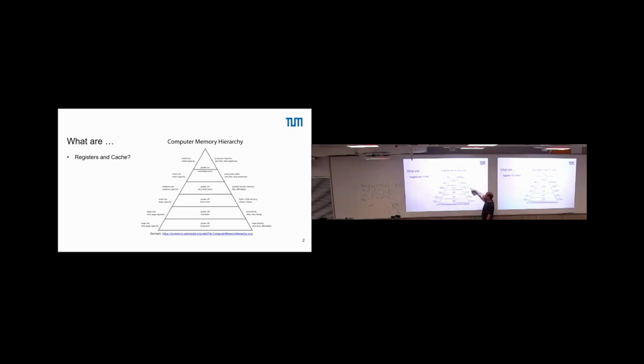Then further away we have DRAM. If we go down, something like USB sticks, you have some form of flash. Further away nowadays you have SSDs, which are also a form of flash, or you have something like a hard disk, and even further away you have probably something bigger. Still today, some tapes or something like this, where you can store for long term.